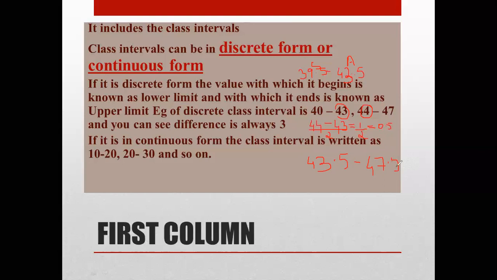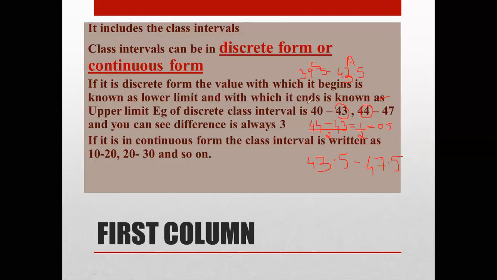So now you can see here, children, 39.5 to 43.5 and then 43.5 to 47.5. Can you see it's the same? The upper limit of the previous class and the lower limit of the next class are the same.